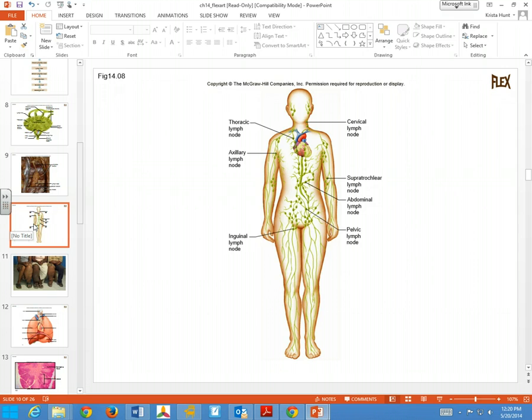Like these are the lymph nodes and the lymph vessels throughout the body. The little dark spots, the circles, those are the places where these lymph nodes are most present. The big ones are underarms, right in between the thighs, not in the actual genital area, but in that in-between spot there.